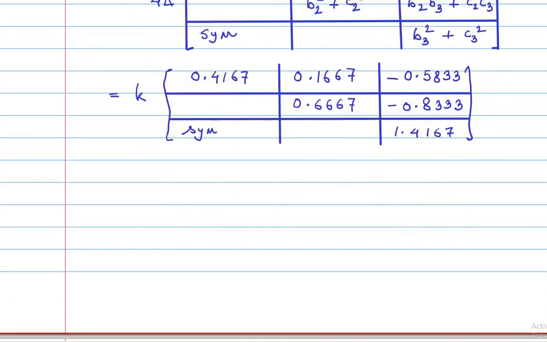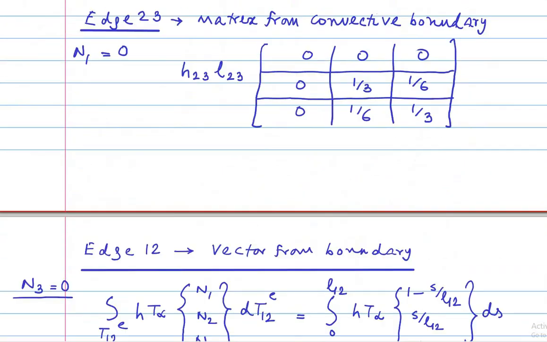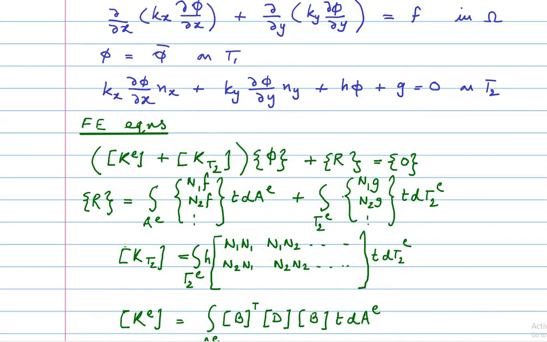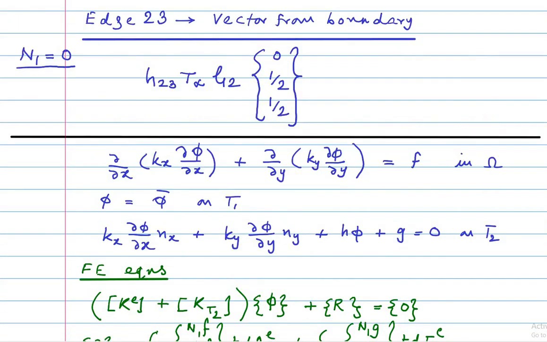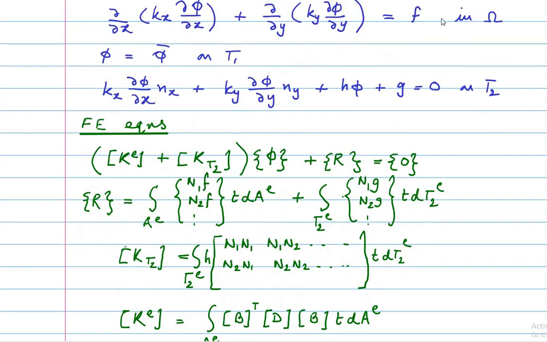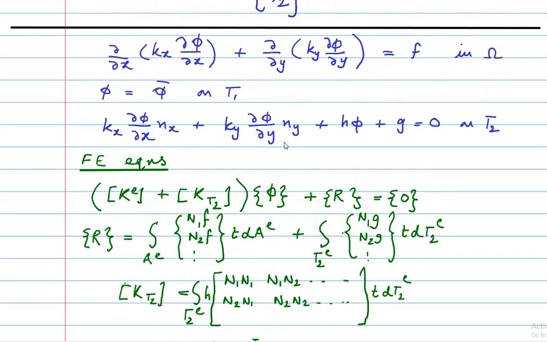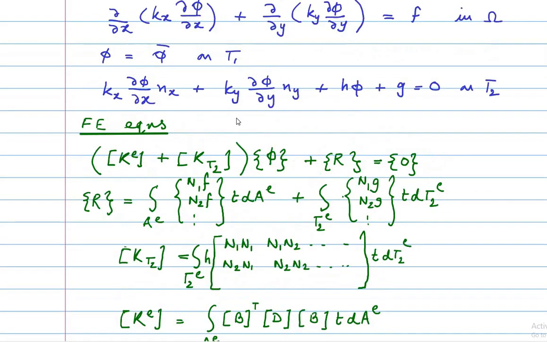So that's that. And now again a comparison at the end with the standard form. So this is the standard form equal to f, and this is the standard form with which we started. For this standard form, this is the element stiffness matrix.